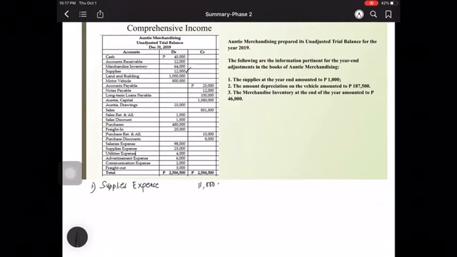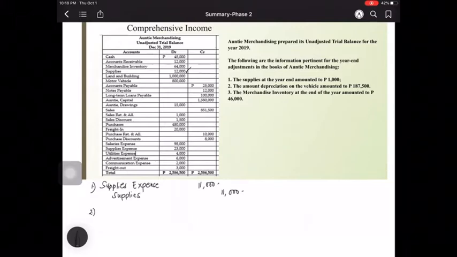Okay, so to complete the adjustment, we have to credit your supplies, of course, so that the amount of 12,000 would be reduced by same amount of 11,000 pesos. Okay. All right. So that's for the first adjustment.